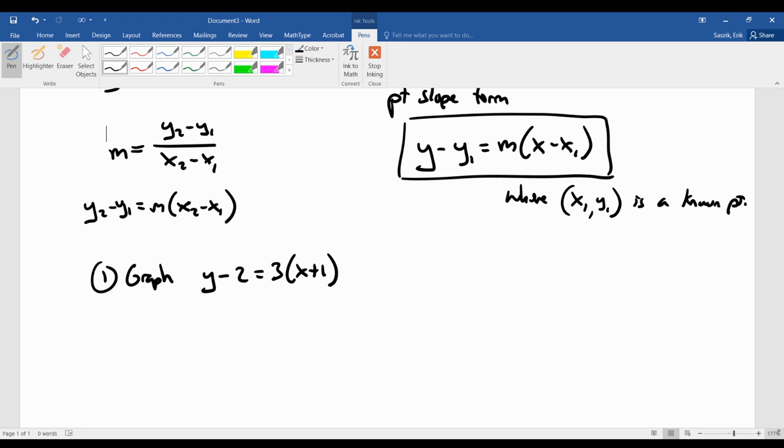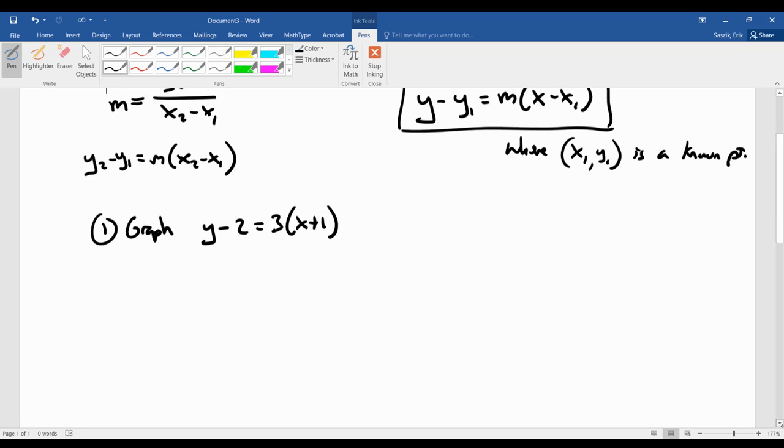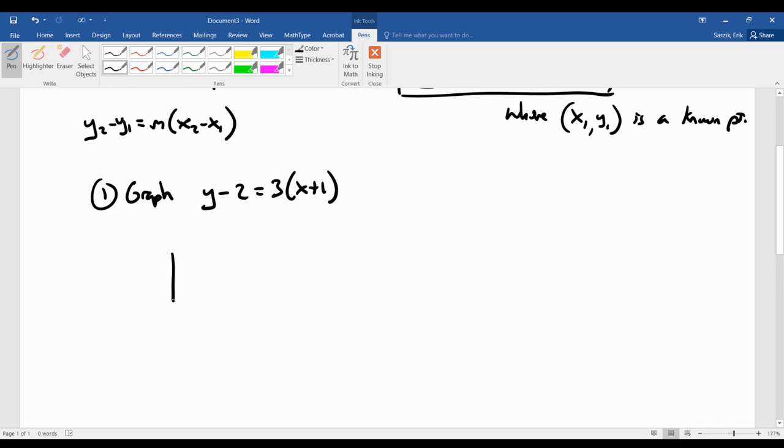So in order for you to graph something, you need to have a point and a slope. Okay. The first thing is we got to determine a point that's on this line. Now, the easiest point to determine is what's going to make each side of the equation 0.